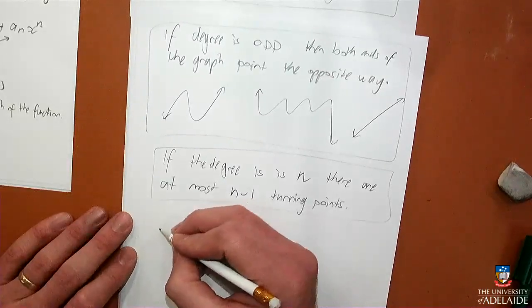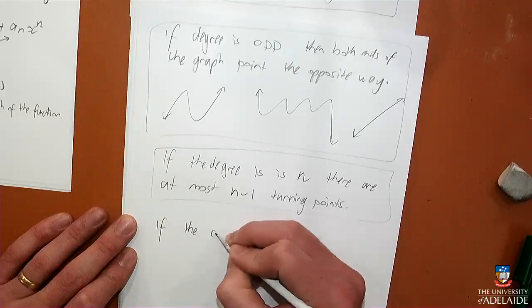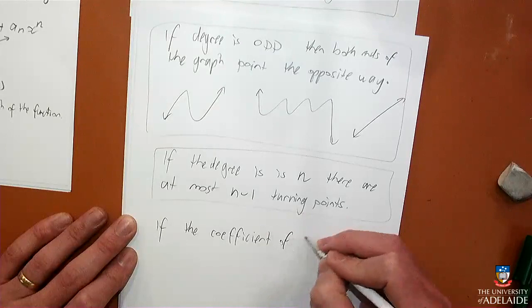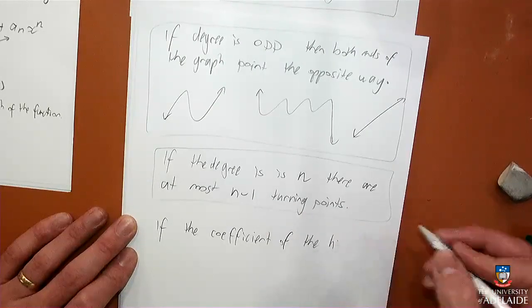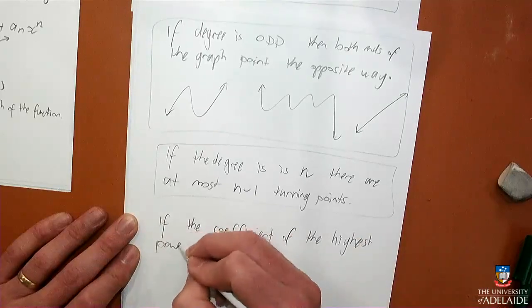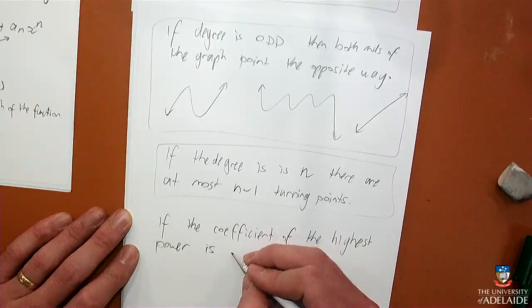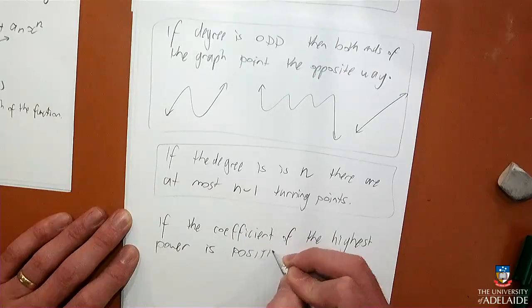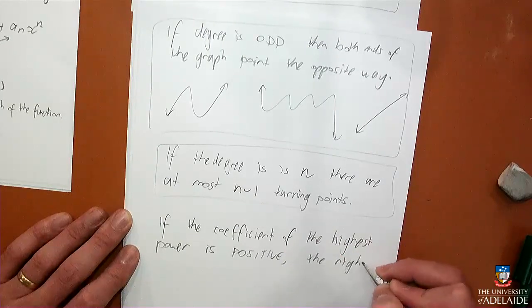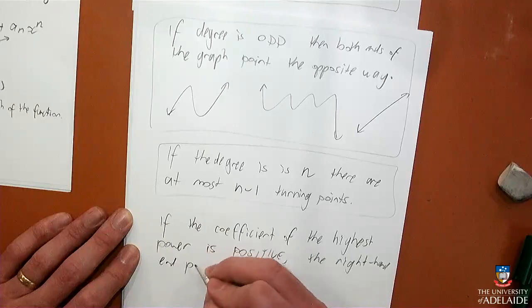And so the orientation: if the coefficient of the highest power is positive, the right-hand end will point up.